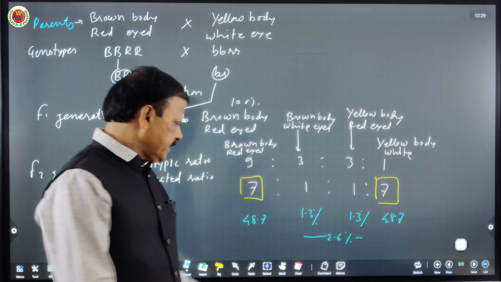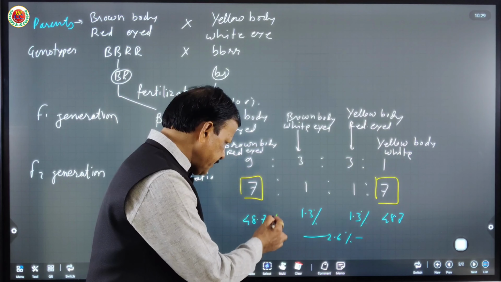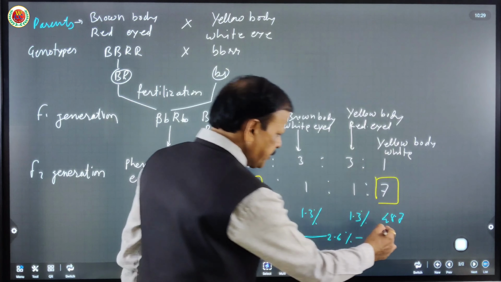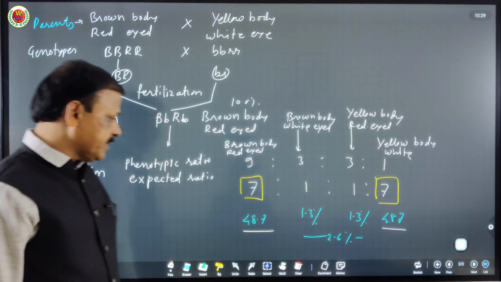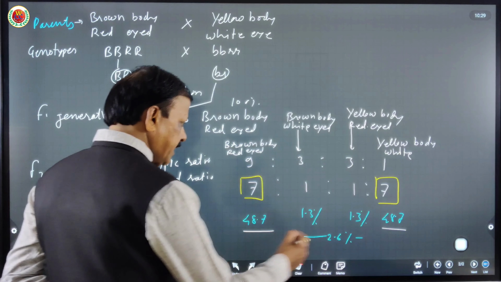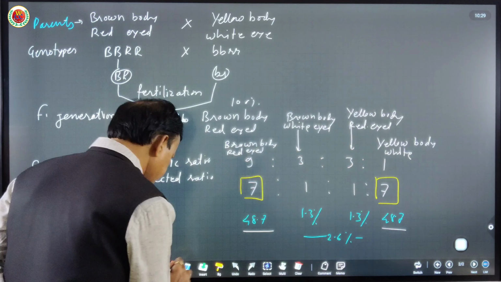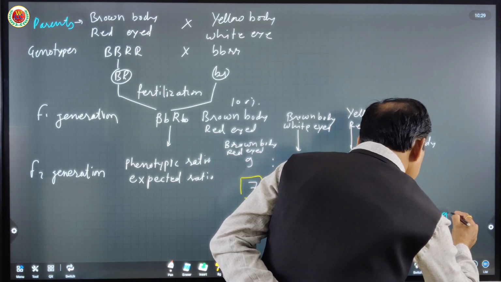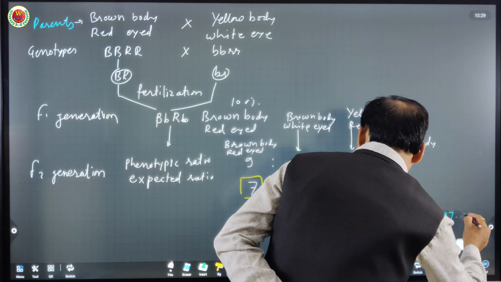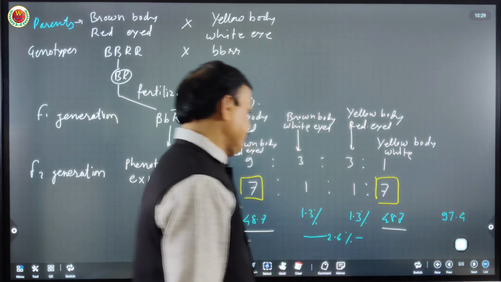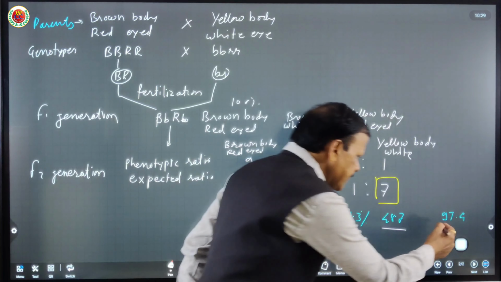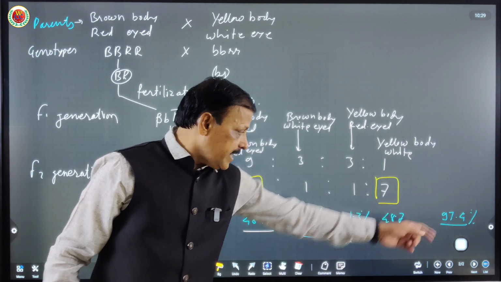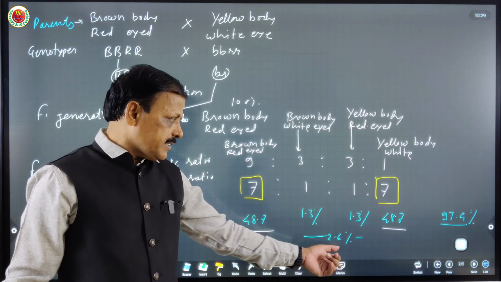The percentage obtained for parental combination is 48.7 each, so altogether it is 97.4. Yes, it is 97.4. So parental combination obtained was very high compared to the recombination.